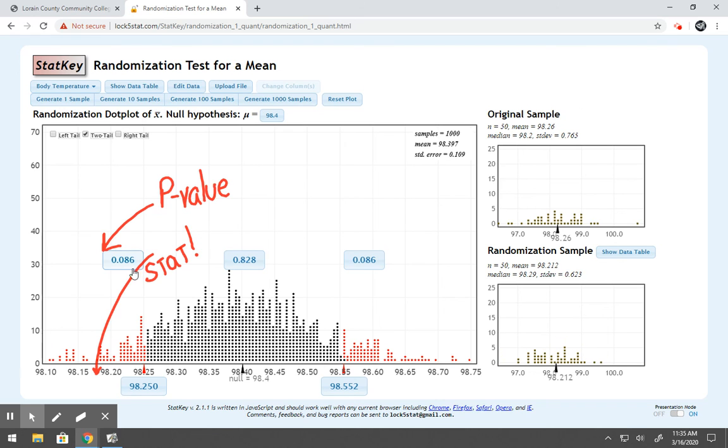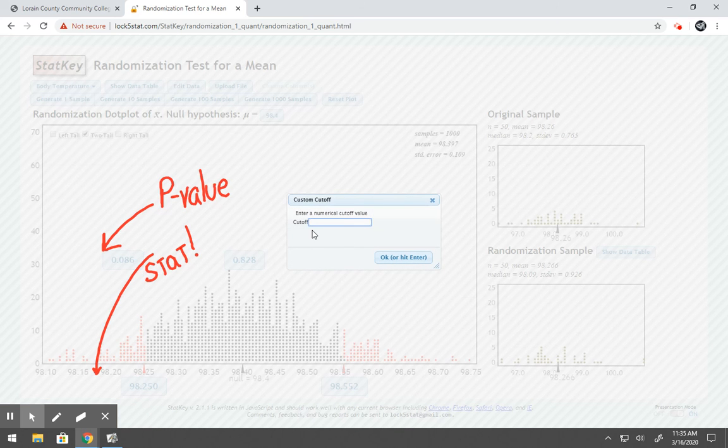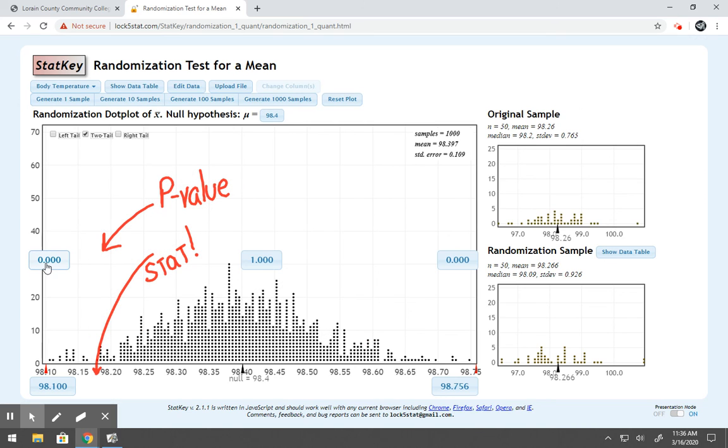As it gets more dots, the p-value is going to increase. As this number changes, I'll make it 98.1 and move it way out to the left. Notice how small the p-value got. It got so small, we don't even have a value sitting in there because there are no numbers which are less than that number. Stat on the bottom, p-value on the top.